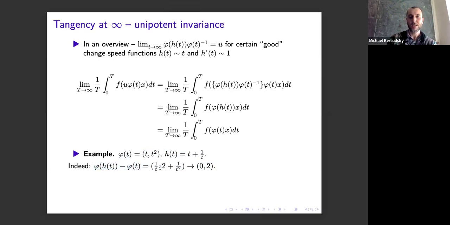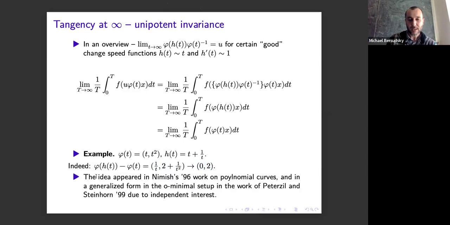What do we get? In the first coordinate, it's just 1 over t. In the second coordinate, after you take a square and subtract, you're left with 2 plus 1 over t squared. So this converges to 0. So this average that we saw along t squared at the beginning of the talk will be invariant under the vertical direction.